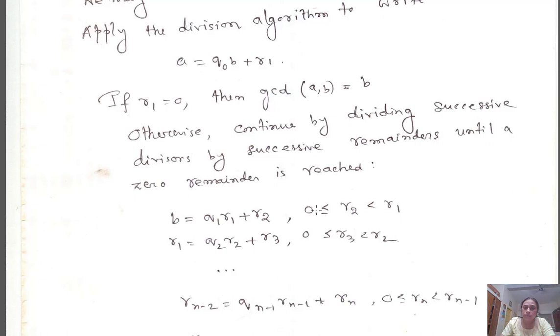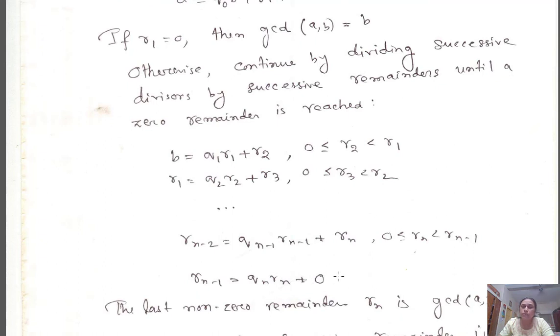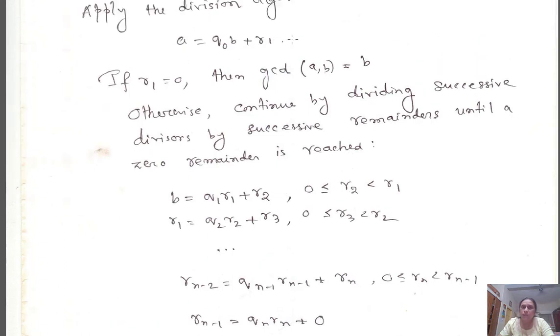Then if R2 is not 0, it becomes your divisor, and you divide R1 by R2 with remainder R3. Keep doing this until you get remainder 0. After certain steps it will always be 0, because each time your remainder is decreasing. Initially it was 0 less than or equal to R1 less than B.